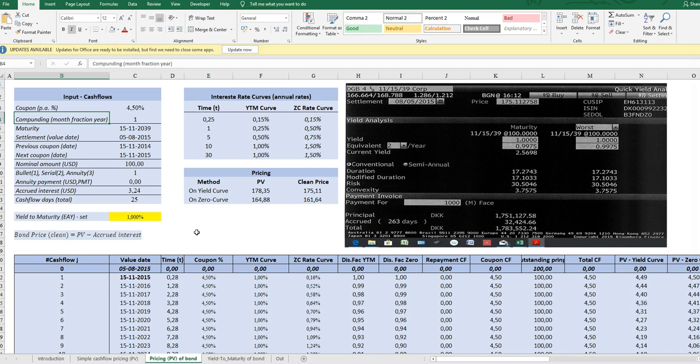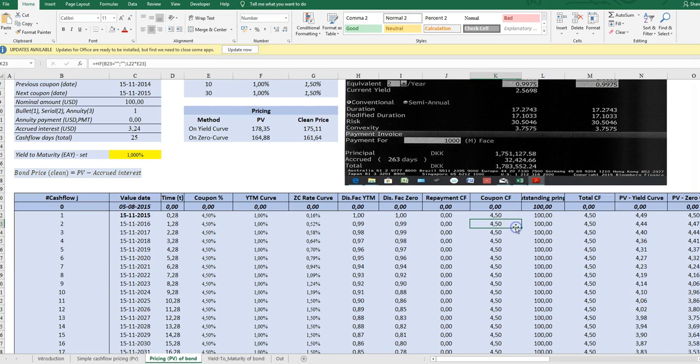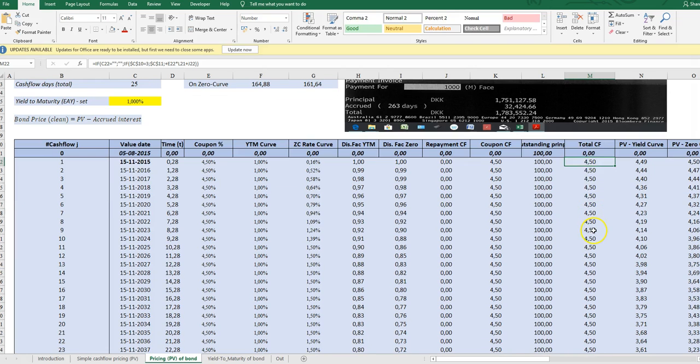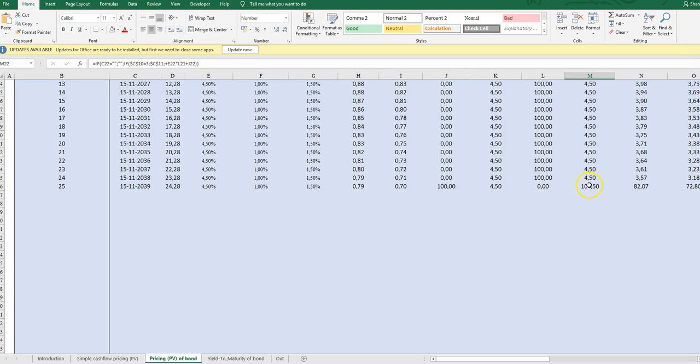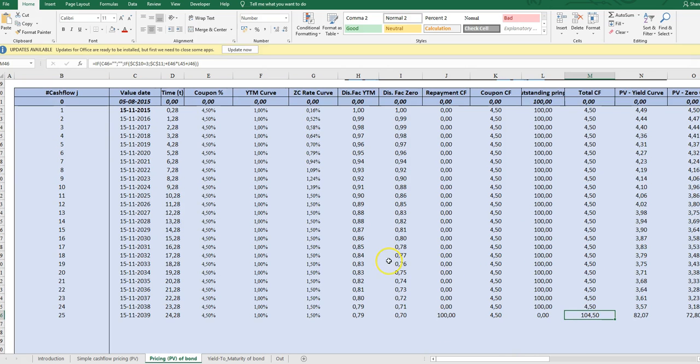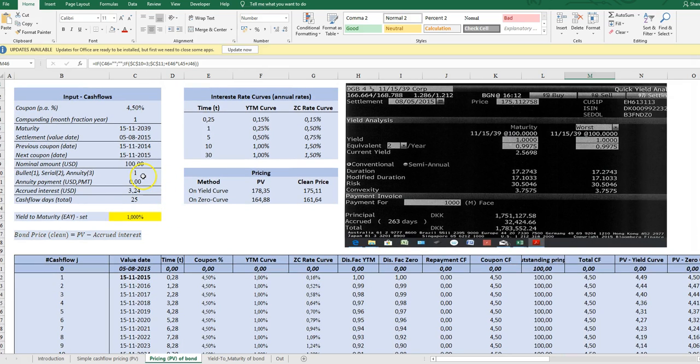I have just typed in here one bond, a 24-year bullet bond with annual coupons, and then one principal payment at maturity. You see that here. We have the total cash flow. It's a 4.5% coupon bond. It pays off 4.5 each year, and at the last year at maturity it pays the principal at 100 plus 4.5.